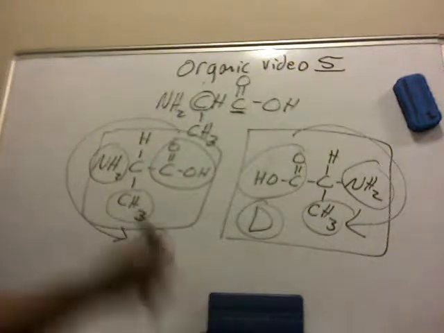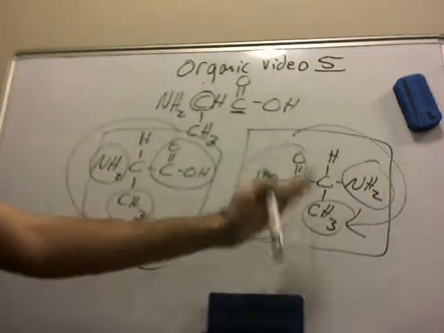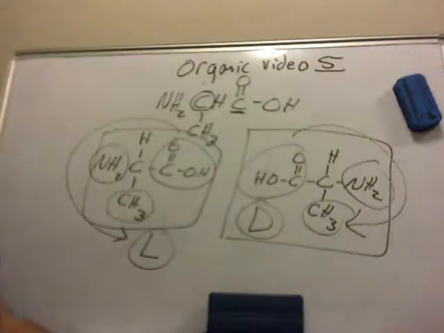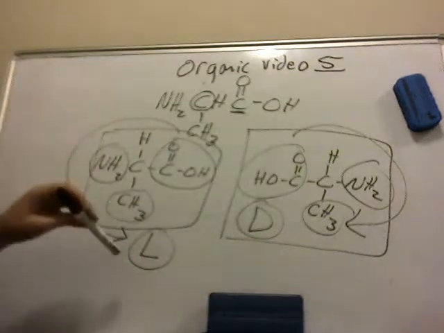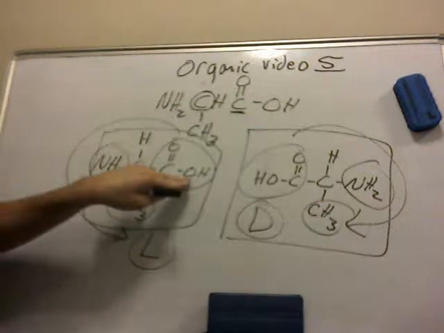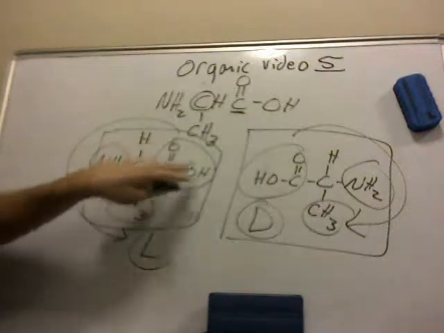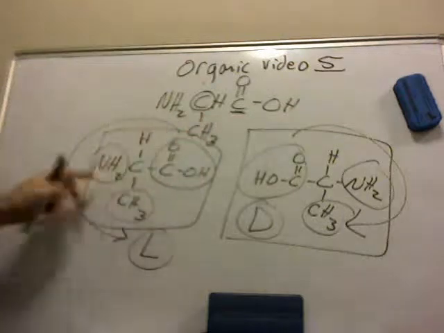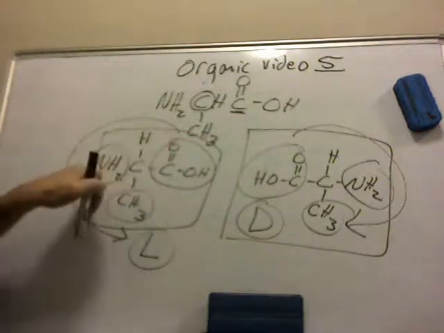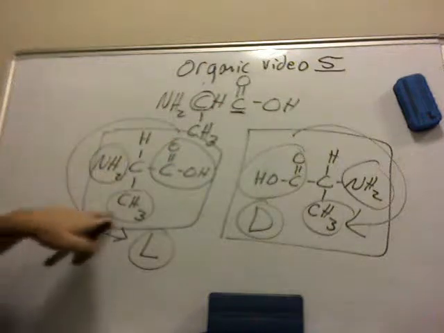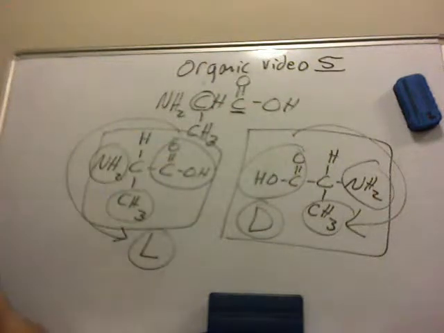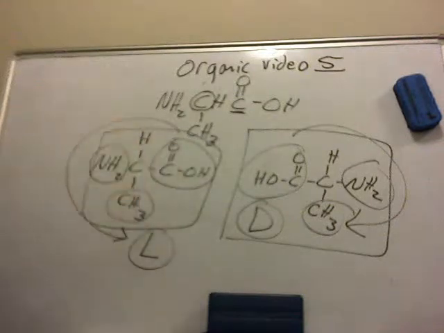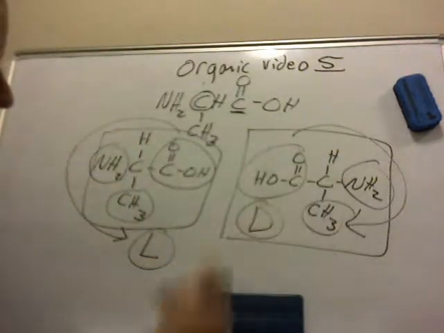Your professor will probably give you a series of structures like this and ask which one is the L and which one is the D. If you just use common sense and figure out which group takes priority over the next, obviously these two oxygens and the carbon are a very big bulky group with a lot of important atoms in it, whereas the amide group would be second in priority, followed by the methyl, and then the hydrogen is always least in priority. So usually you take that to the back of the plane and rotate it according to the other substituents.